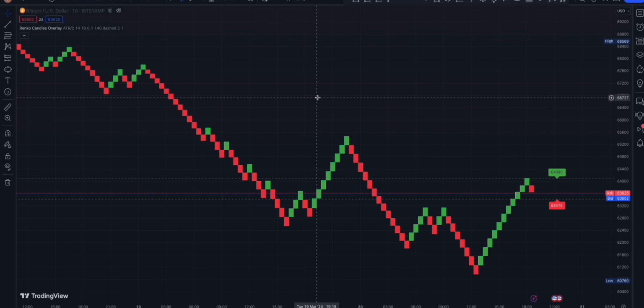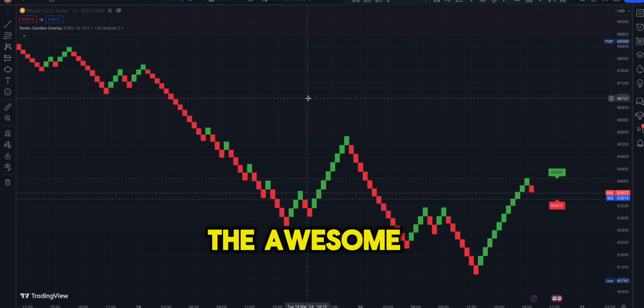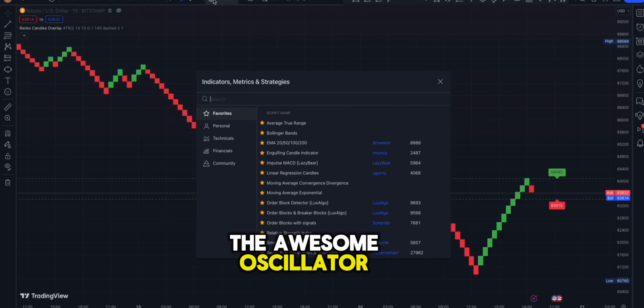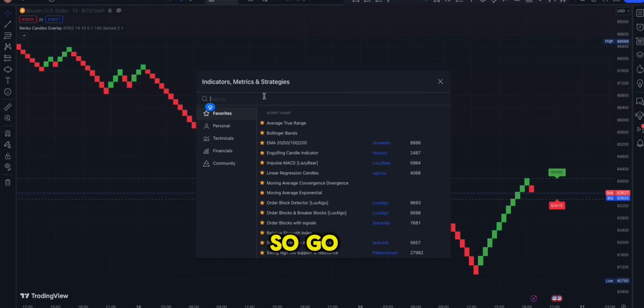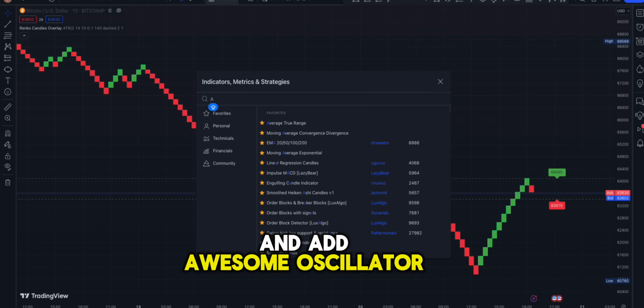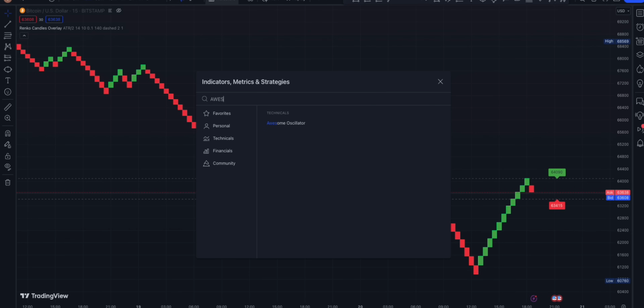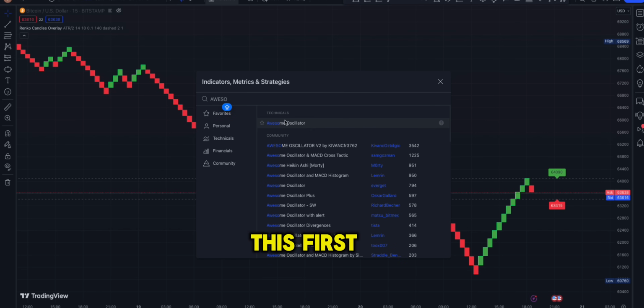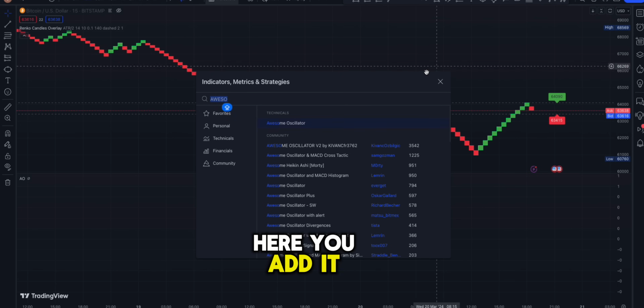So now the next indicator we can also use with this strategy is the awesome oscillator. So we'll go to our indicator and add awesome oscillator. This first one right here, you add it.